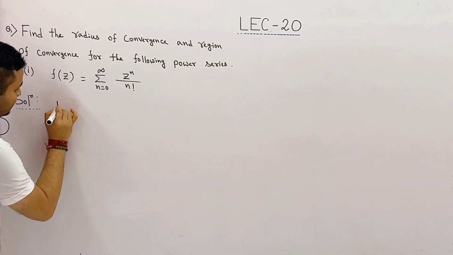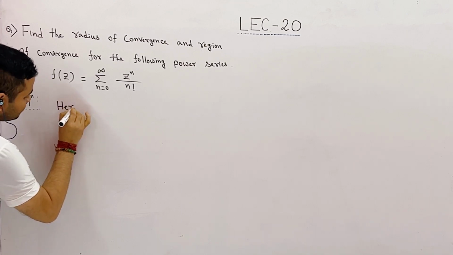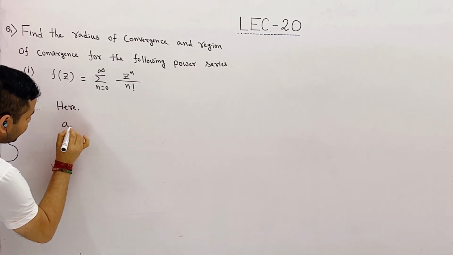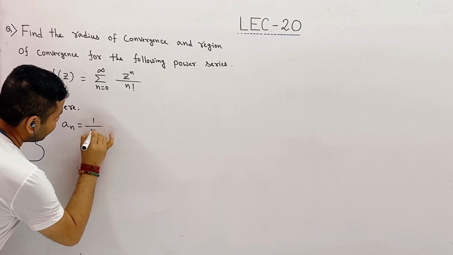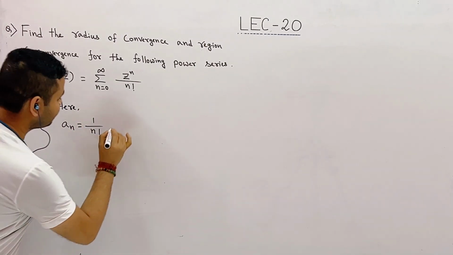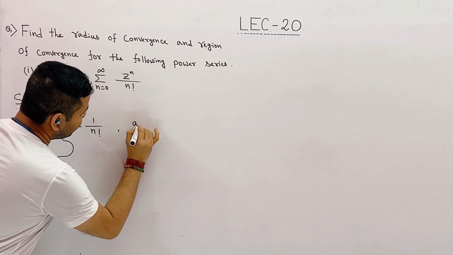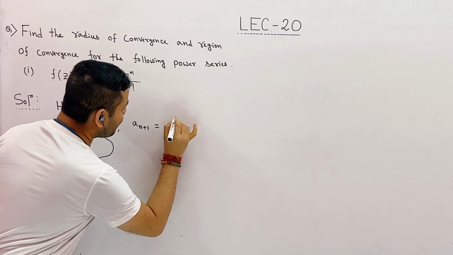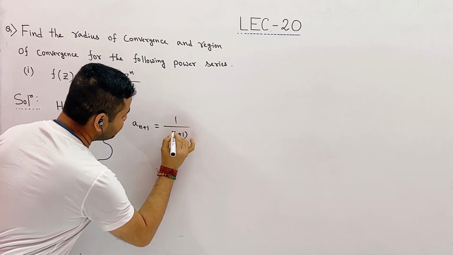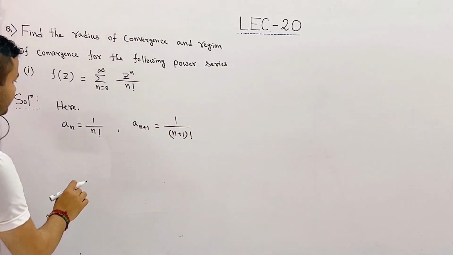So here a n is equal to 1 by n factorial and a n plus 1 is equal to 1 by n plus 1 factorial.